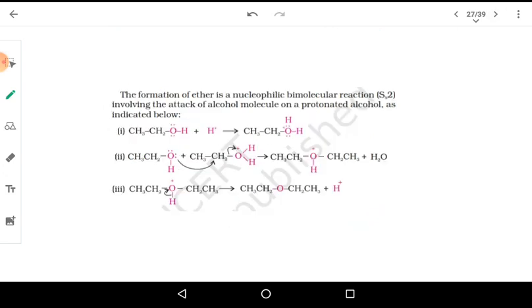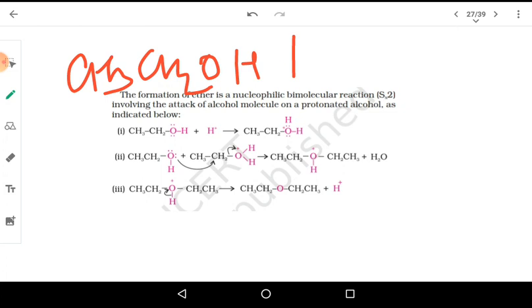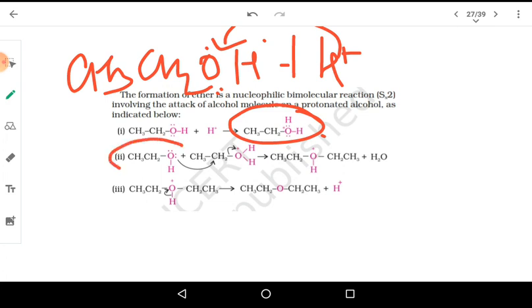See the mechanism. First we have CH3CH2OH plus H plus. Oxygen is rich in electrons, so it is going to take up the H plus, and as a result we get this particular molecule. Now another molecule of alcohol is going to react with this.